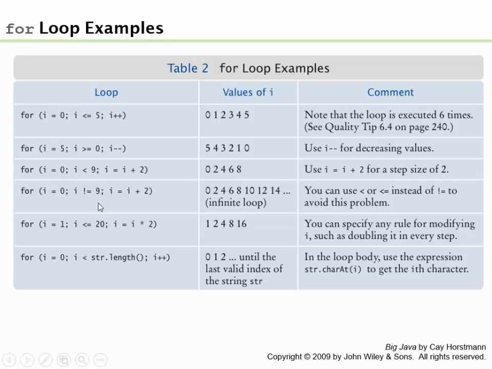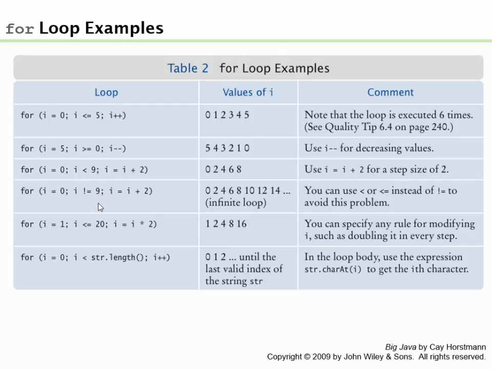This one is kind of tricky, and I see this happen a lot. You have your for loop. You're trying to test if i is not equal to 9. So you want to stop when i is equal to 9. Well, we start out at 0, then we add 2, and add 2. We get to 8, then we add 2 and we get to 10.